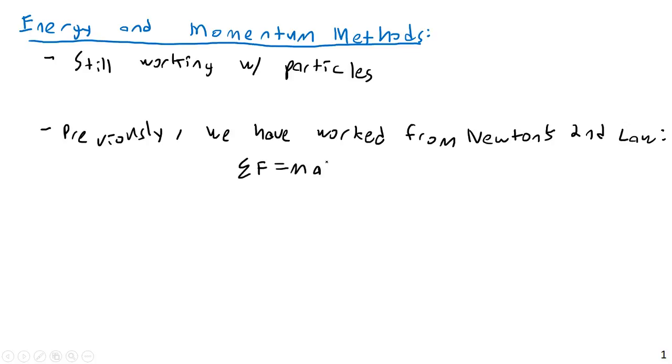You would look at a system, look at the forces on it in the x and y directions, give ourselves some inertial vectors x and y, and from that we would describe the behavior of the system.